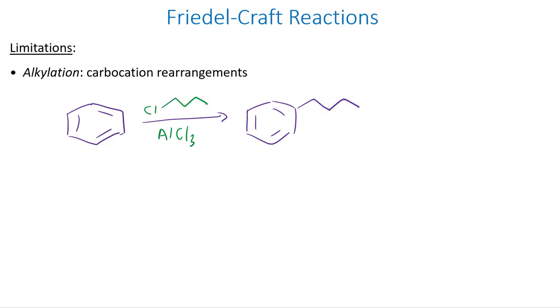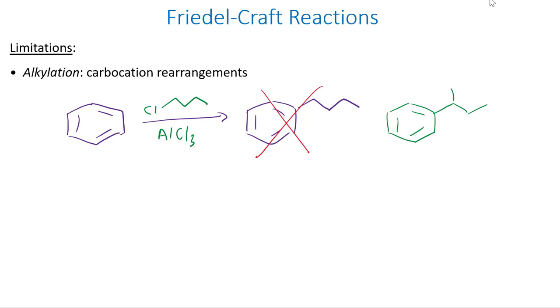What we find out, however, is that rather than get the product that we want, we end up forming isobutyl chloride instead. And let's think about how that happens.